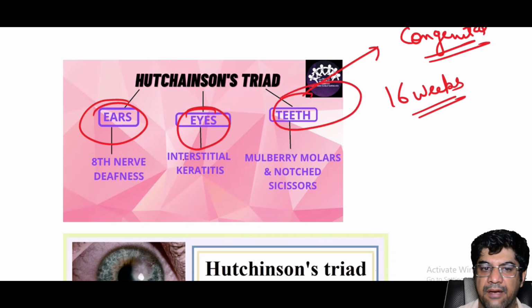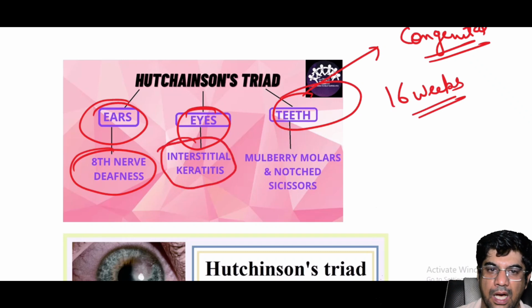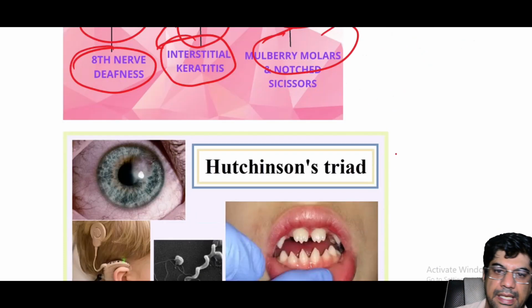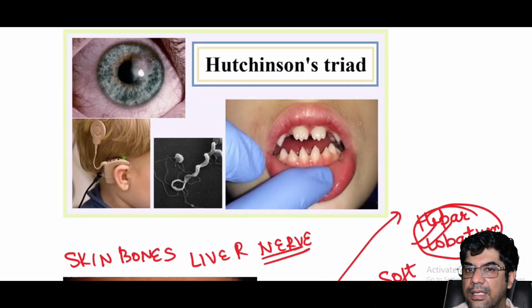So there is eighth nerve deafness, interstitial keratitis involving the eyes, and mulberry molars seen in the teeth. Or you can see the Hutchinson teeth. So these are the Hutchinson teeth, the small, widely spaced, peg-shaped permanent teeth.